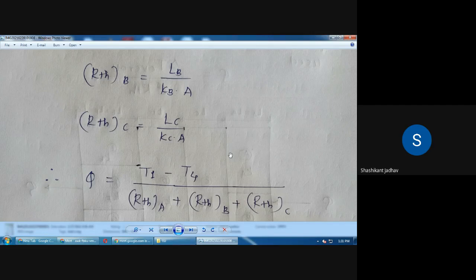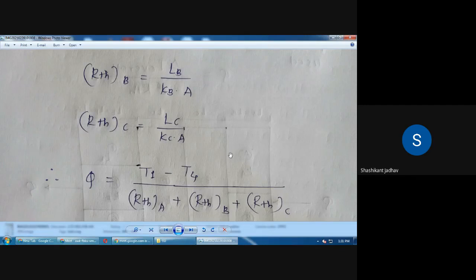If suppose there are n number of layers, then what is the change in this equation? Can anyone tell me? Now we have taken a plate with 3 layers; suppose there are n number of layers, then what is the numerator? Can anyone tell me what is the numerator? Chitole, who can tell? What is the value of the numerator? When there are 3 layers, what do we take in the numerator? We take T1 minus T4.